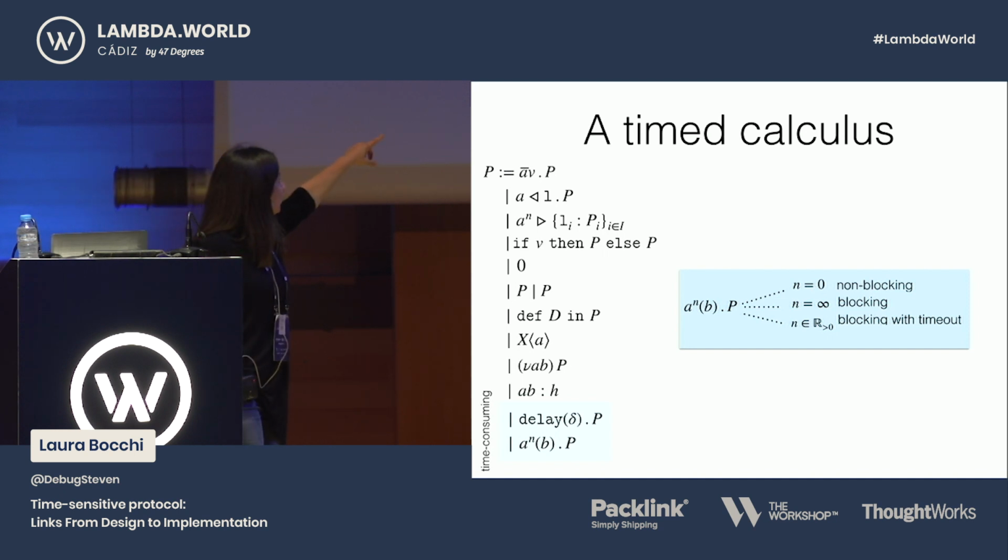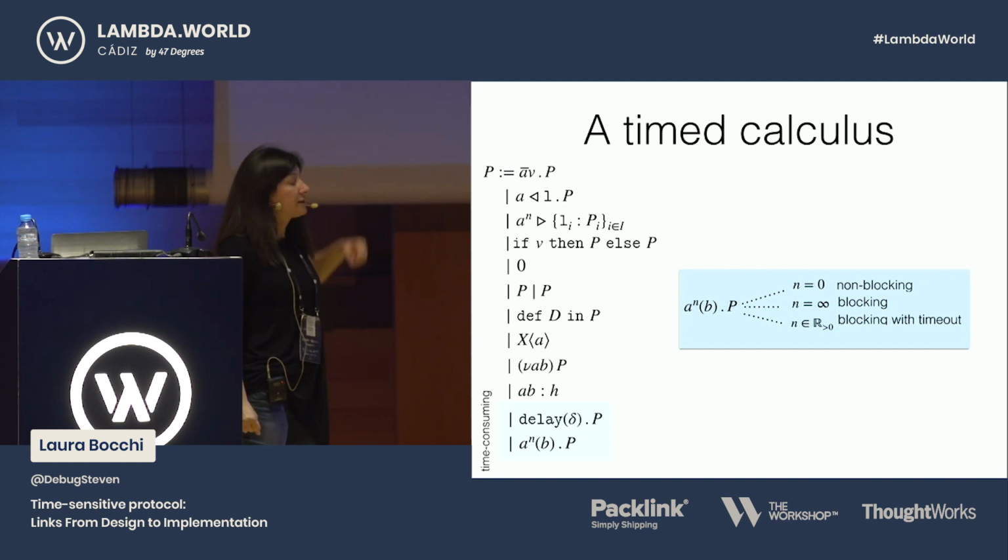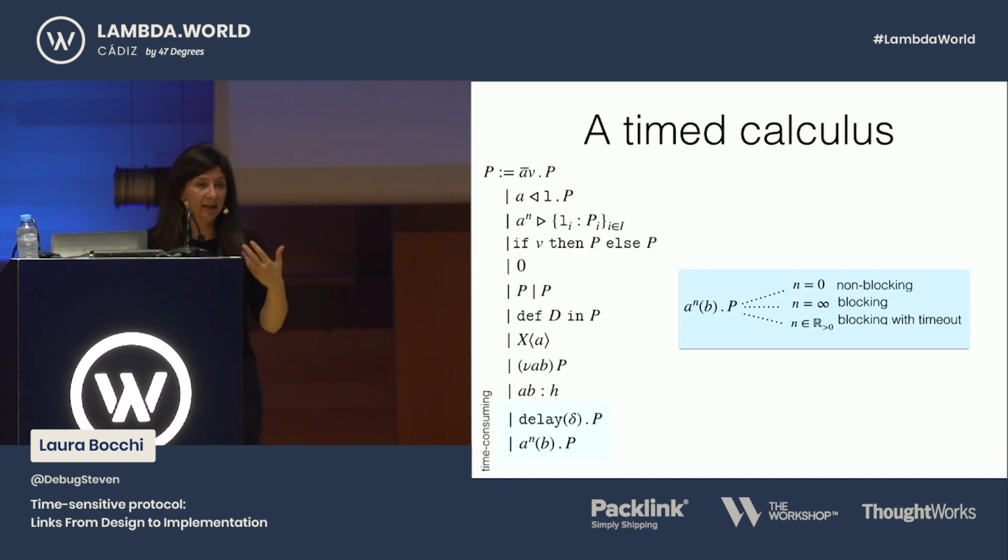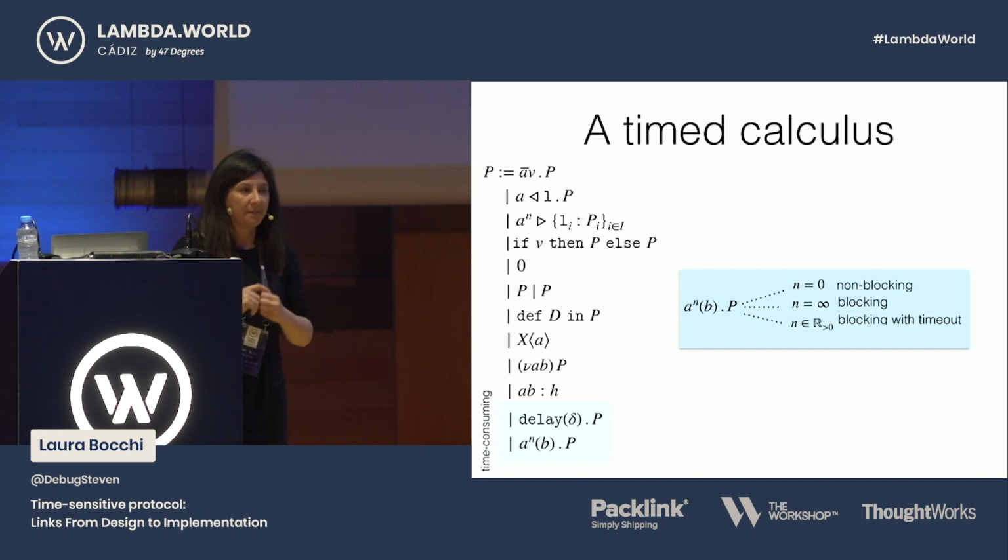The last primitive of the calculus is a receive action. On a channel a, we are receiving a message b. b then is bound in the continuation P. And n is a parameter. And by setting this parameter, we can represent a wide range of receive primitives in the real world.